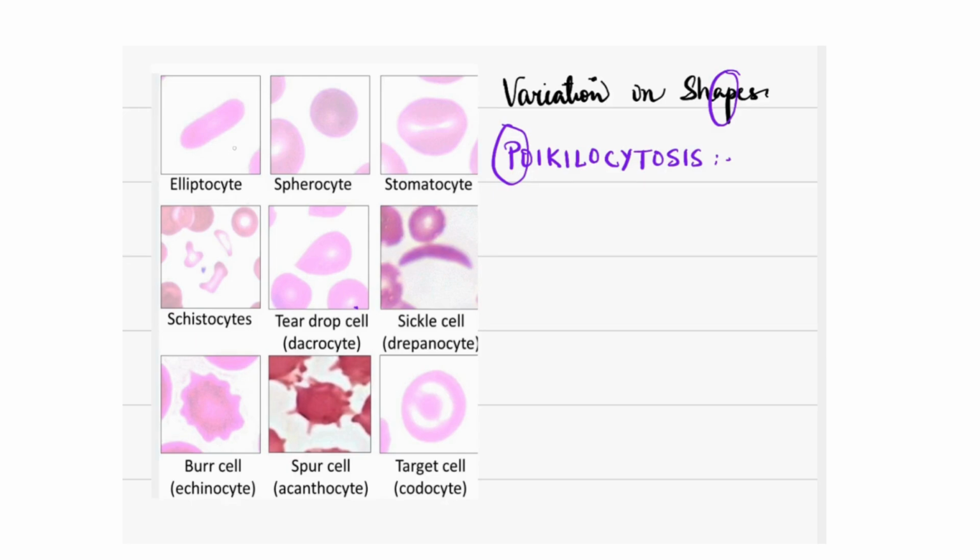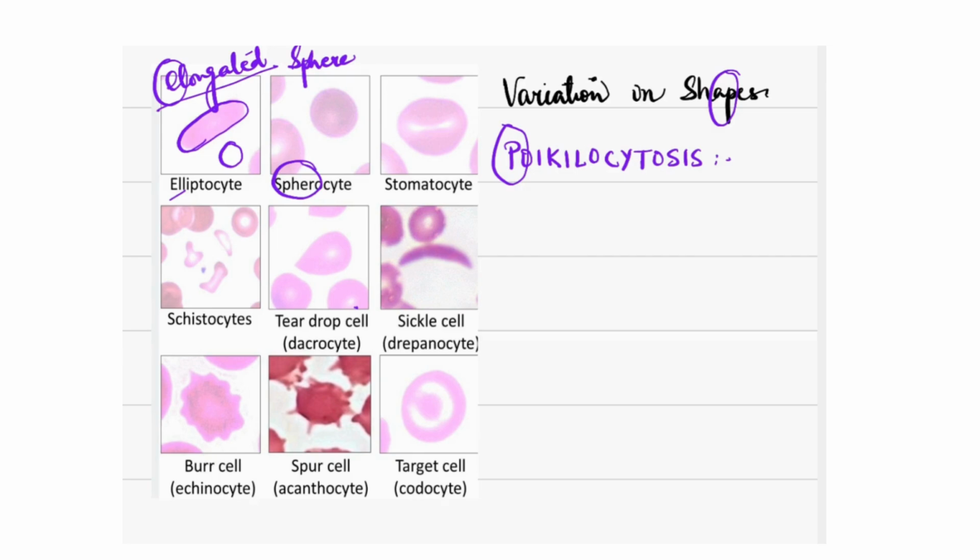First is the elliptocyte. The name suggests the shape. Normally, RBCs are like this, and now you can see that it's elliptical, elongated. E stands for elongated, E stands for elliptocyte. Now a spherocyte, as it suggests, is a sphere. RBCs are also almost this shape.